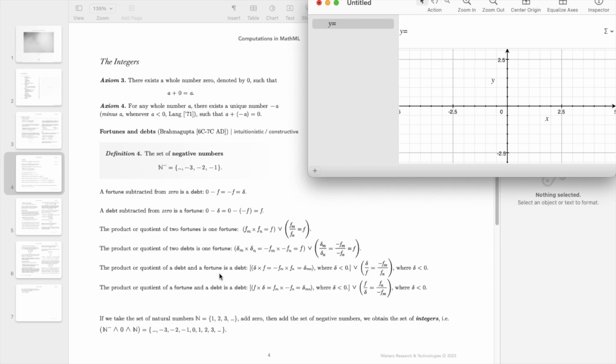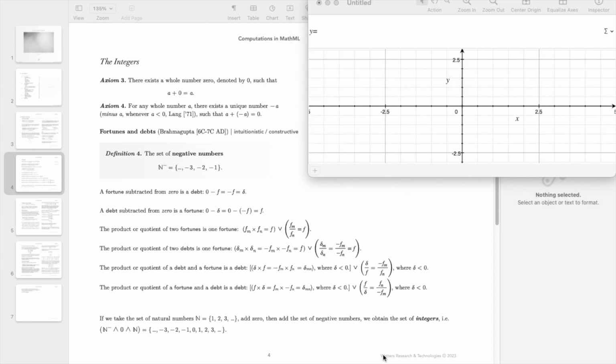Let's just see if we can clean that up a little bit. So the quotient of two debts is a fortune. And we're just thinking in terms of the logic of inverses here, again, to produce an intuition for what's going on. Right.